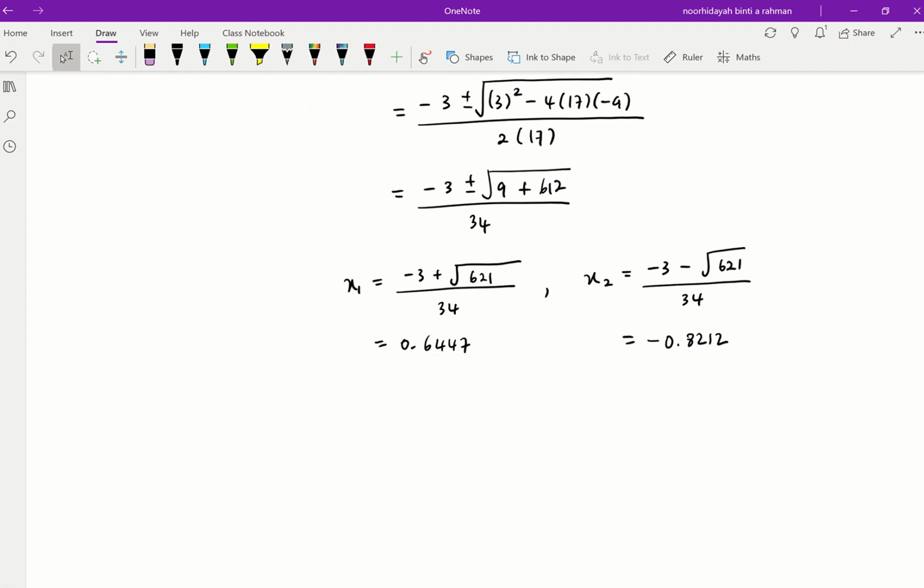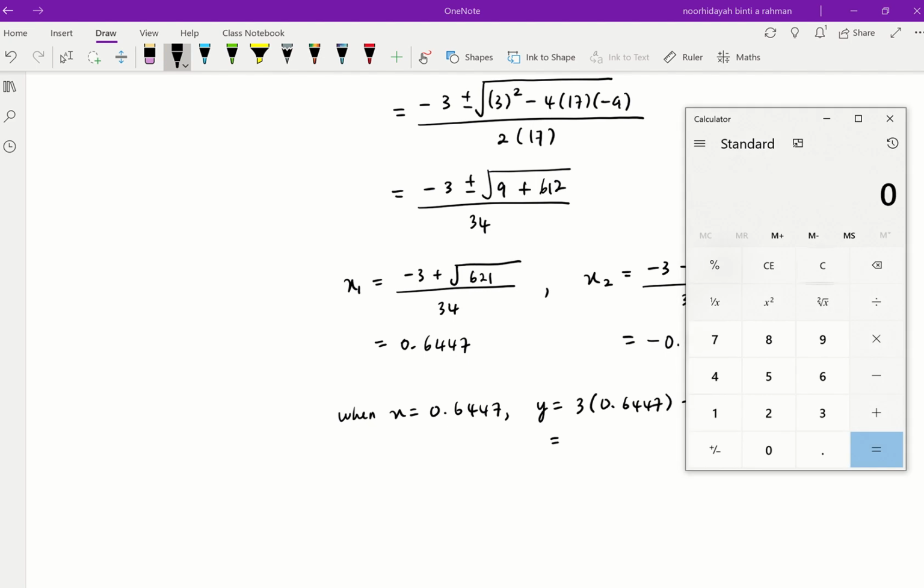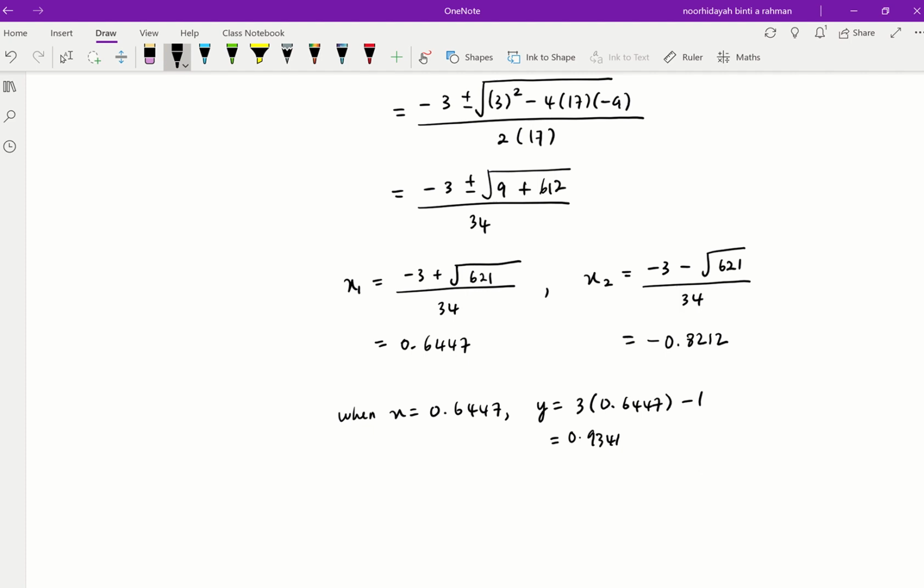So when x equals 0.6447, my y equals 3 multiplied by 0.6447 minus 1, which equals 0.9341.